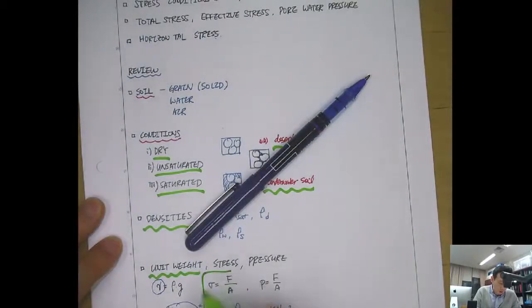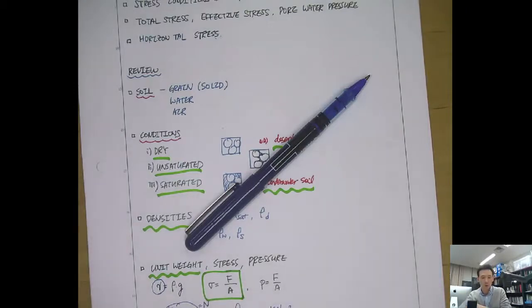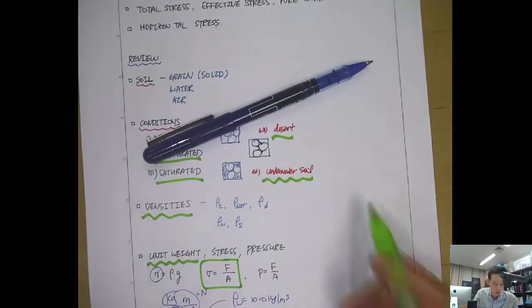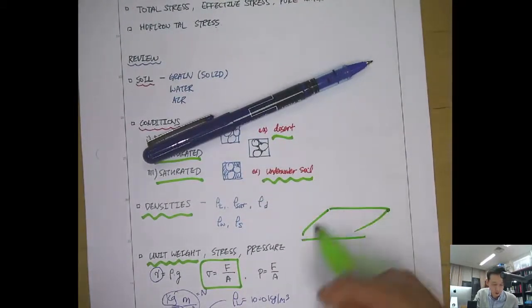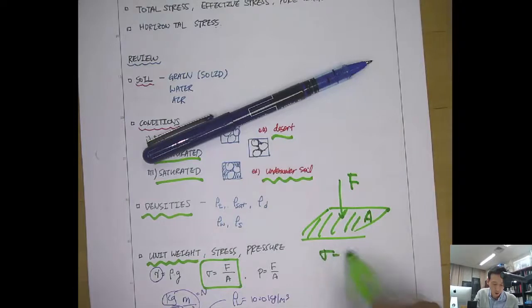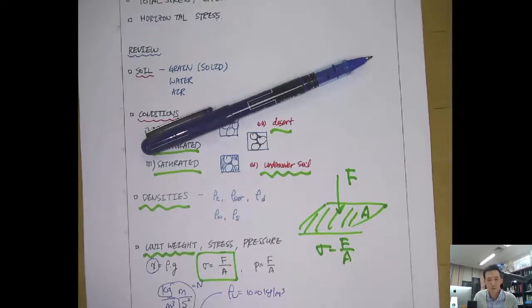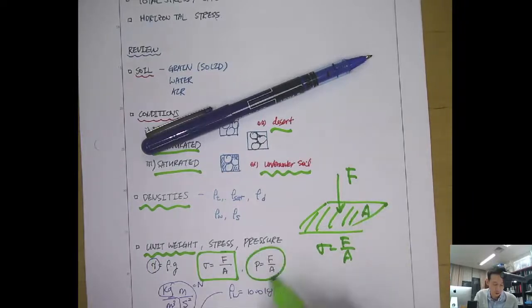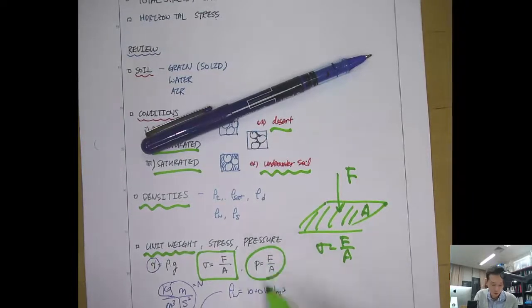The stress is the force applied on the unit area of a certain plane. So if this is the plane, then you apply the force, and this has the area, then stress will be F over A. And we can also use the pressure term. The definition is the same, the force divided by the area.